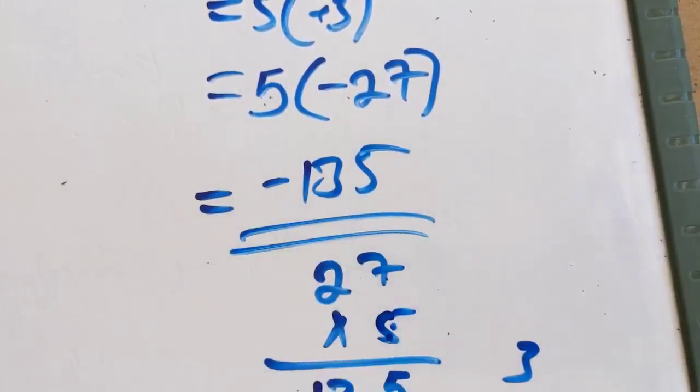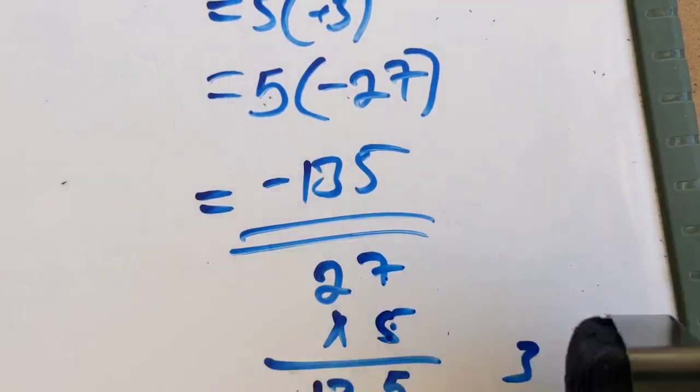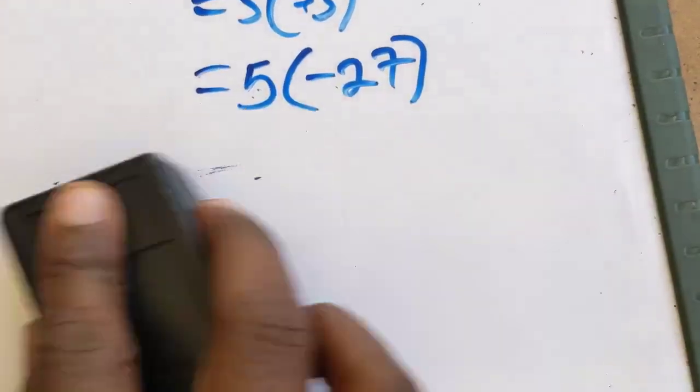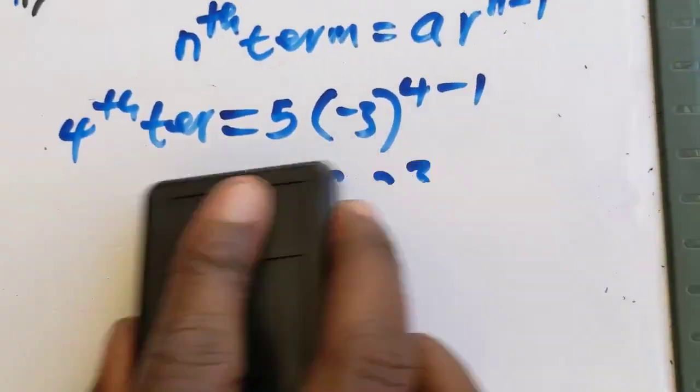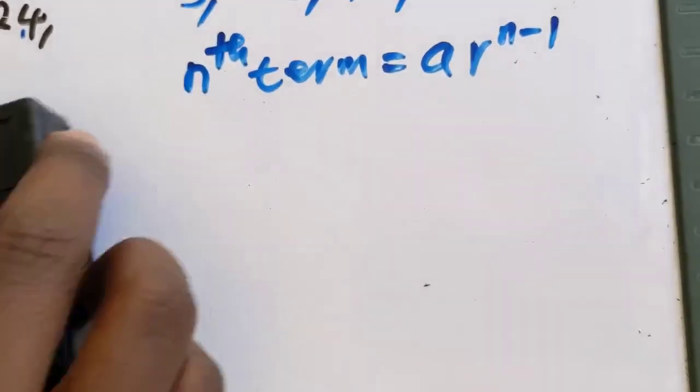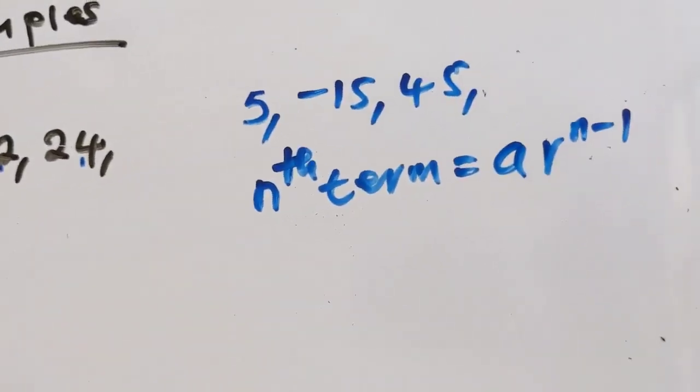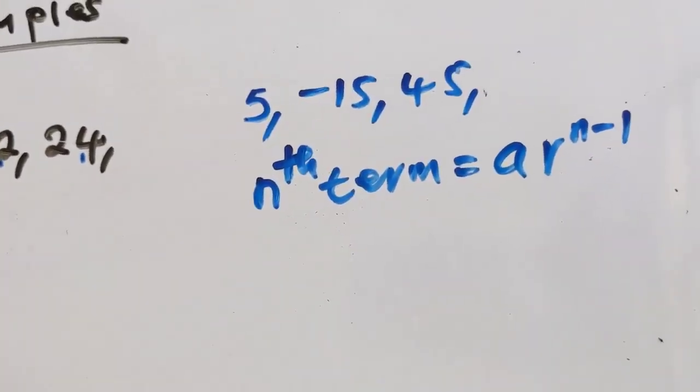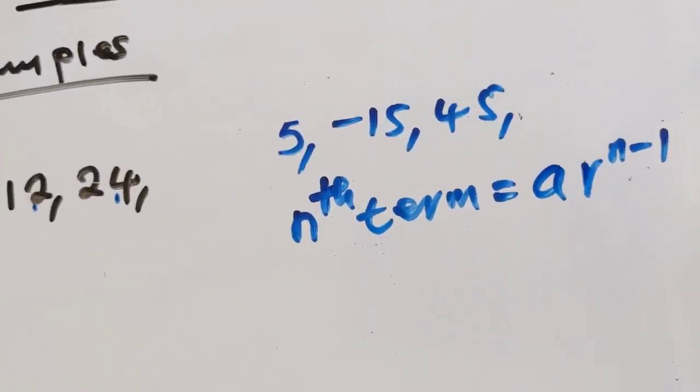So that is how you find the fourth term. Now that you know how to find the terms, let's look at what we call the sum.